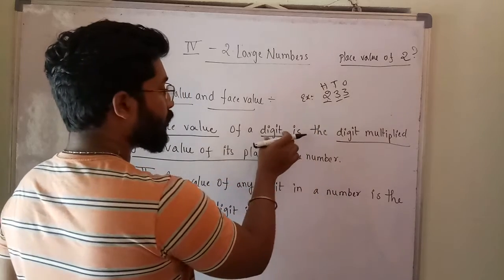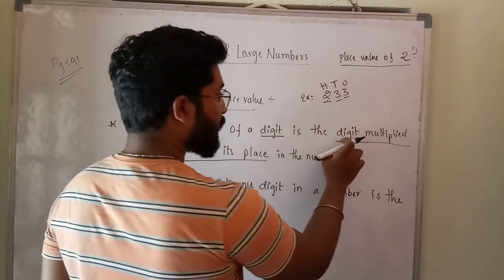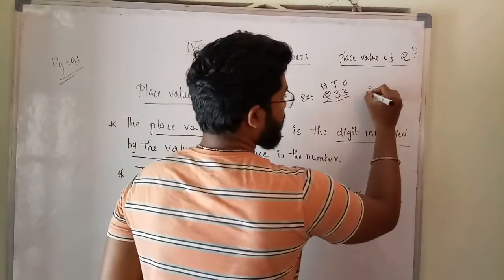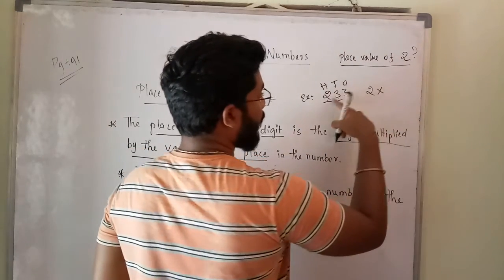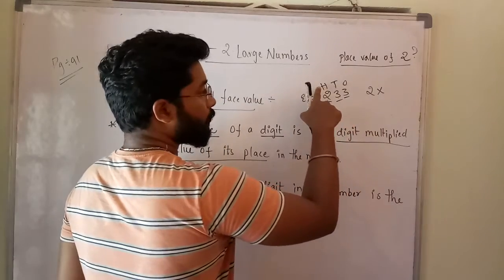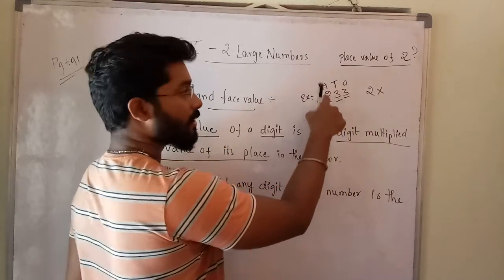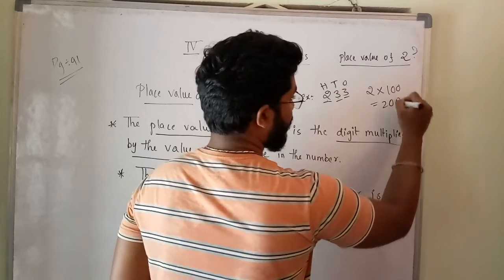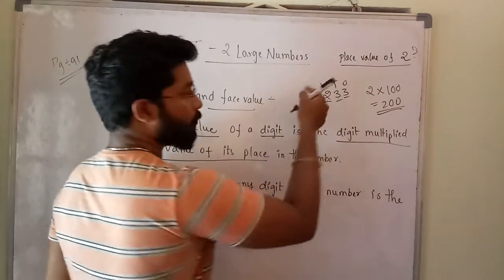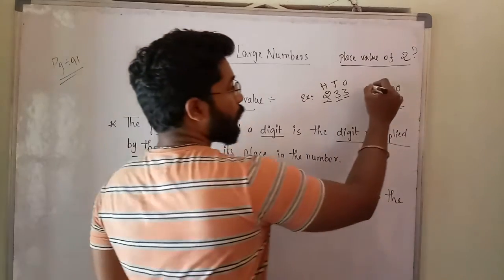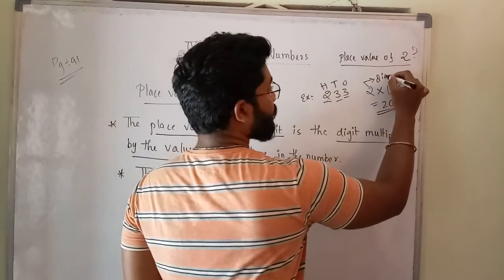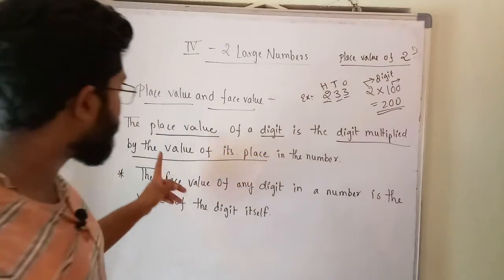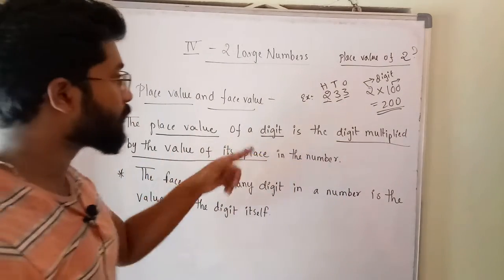So the place value of a digit is the digit multiplied by the value of its place. 2 is in which place? The hundreds place, no? 2 times 100 is 200. 200 is the place value of 2. So 2 is the digit here, and 100 is the value of its place.